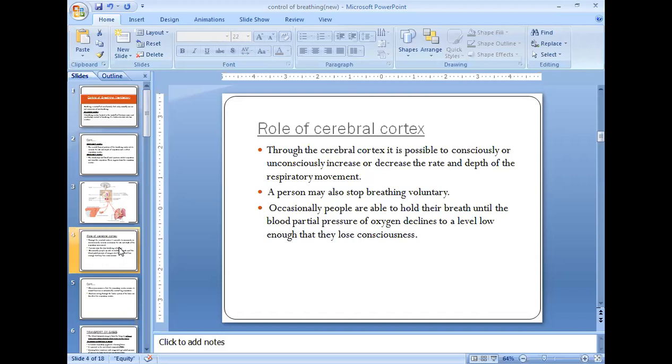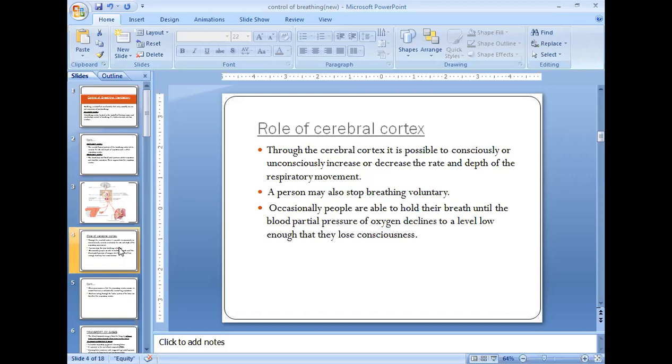So the cerebral cortex has a conscious control of breathing. As I told you, the medulla controls involuntary actions of the body, while the cerebral cortex has a conscious control on our breathing.